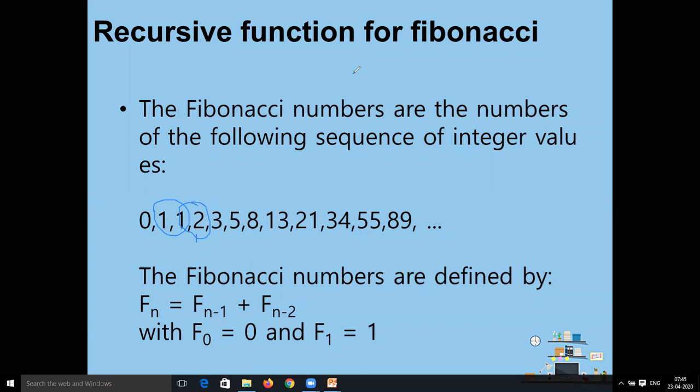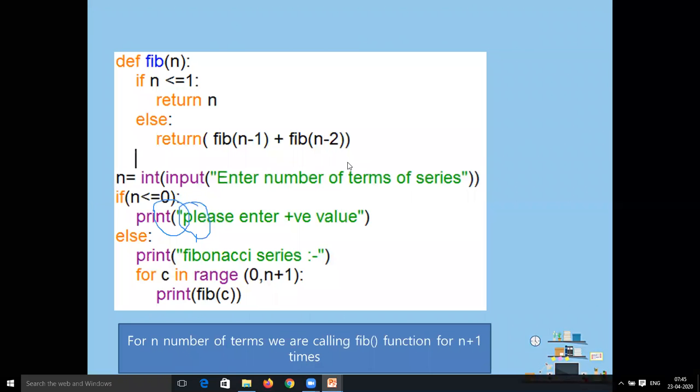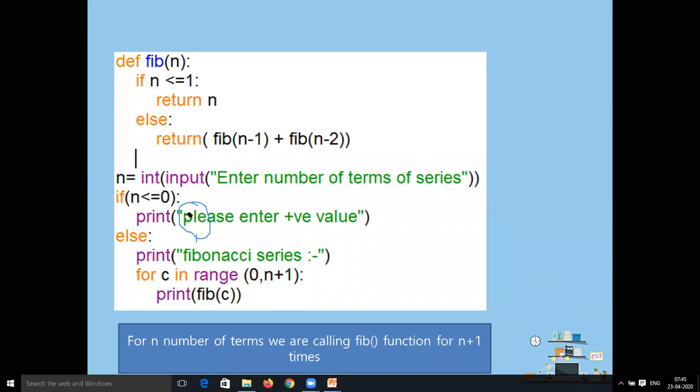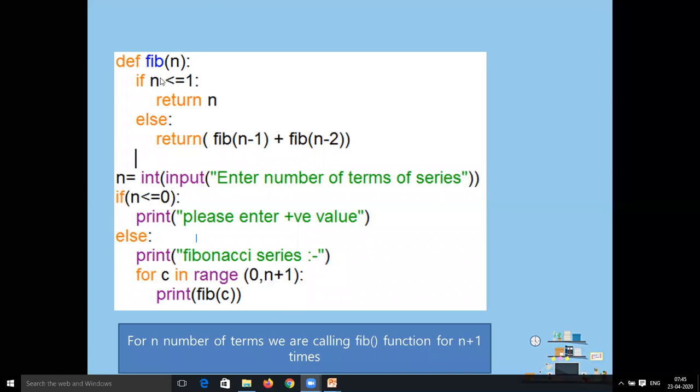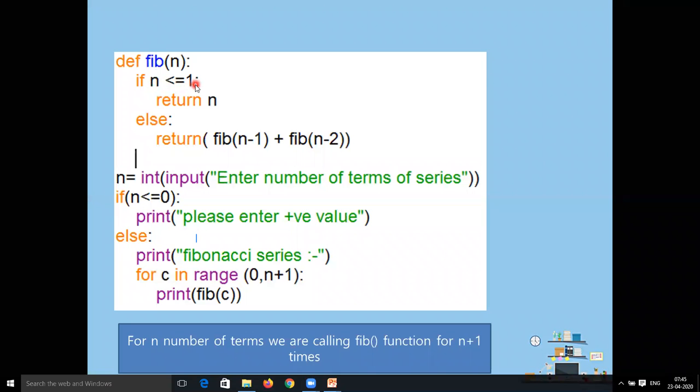Now let us look at the function. This is the function to display the Fibonacci series. Inside this recursive function, you can see there is a base statement: if n is less than or equal to 1, it will return the number itself.